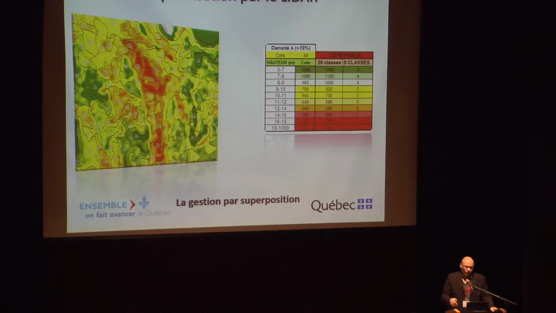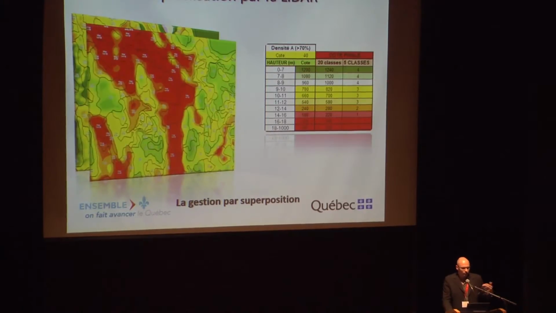And the example that I'm going to show you here is a zone of mixed forest, fragmented forest. So we qualify our model by height. If I show you an 18, it will have a grade of a 78.